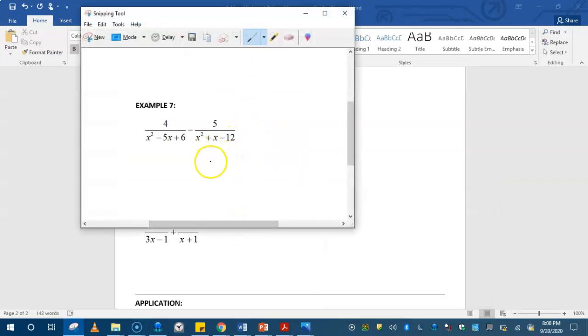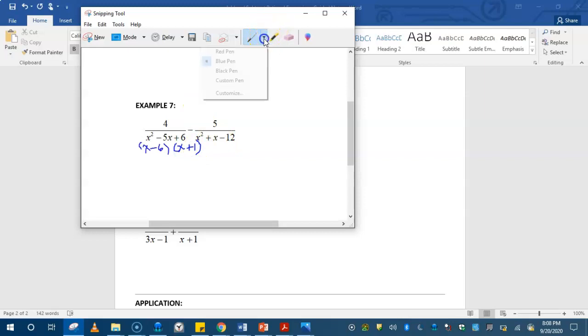All right, for example 7, it says we have 4 over x squared minus 5x plus 6, minus 5 over x squared plus x minus 12. Let's go ahead and do the first step of factoring the denominators. The first denominator has to factor as (x minus 6)(x plus 1).